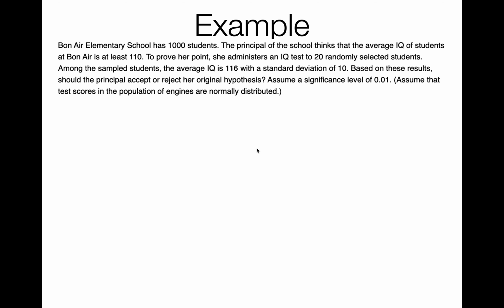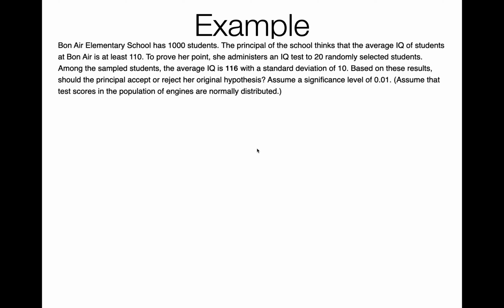Among the sample students, they had an average IQ of 116 with a standard deviation of 10. Based on these results, should the principal accept or reject her original hypotheses? Assume a level of significance of 0.01, and assume that the population of IQs is normally distributed.